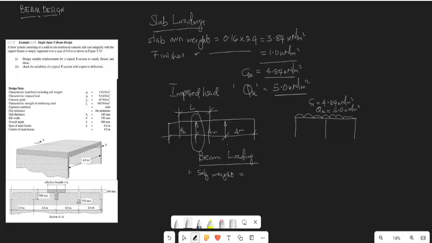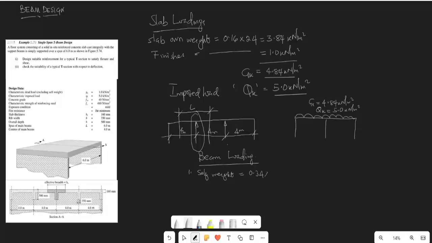So we subtract the thickness of the slab from the overall thickness of the beam. That will be 500 minus 160, which is 0.34.